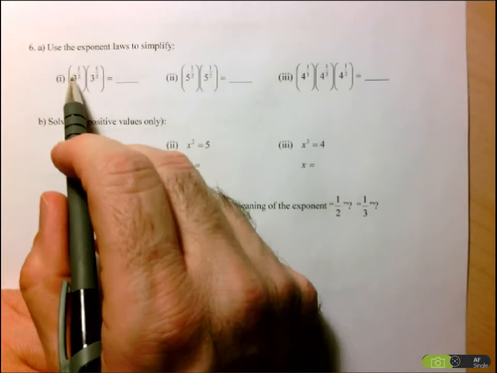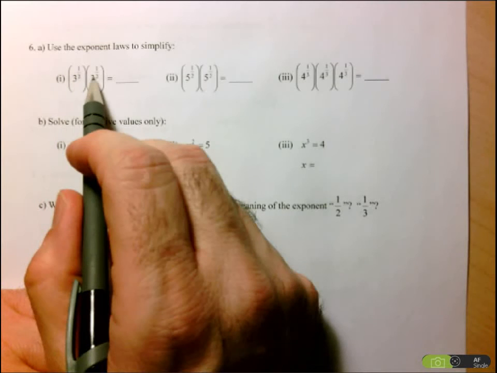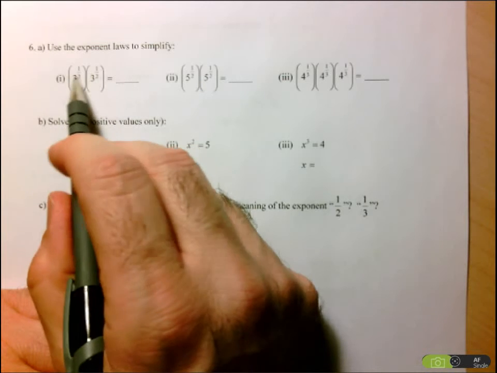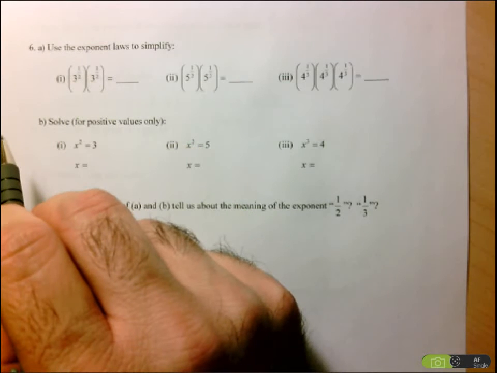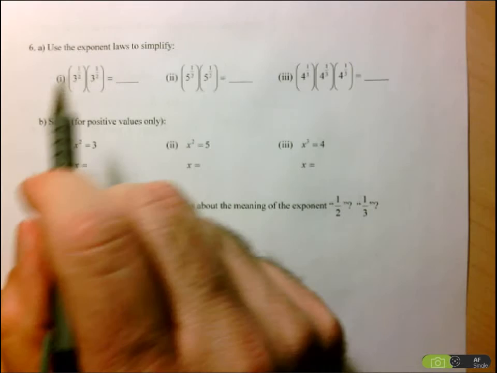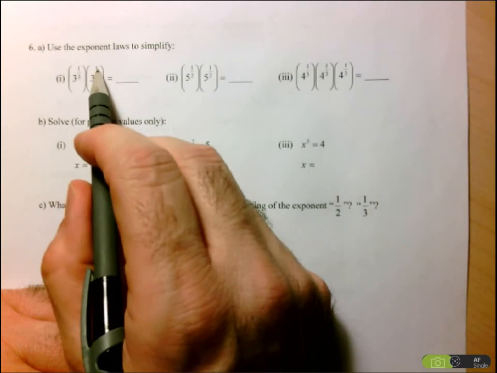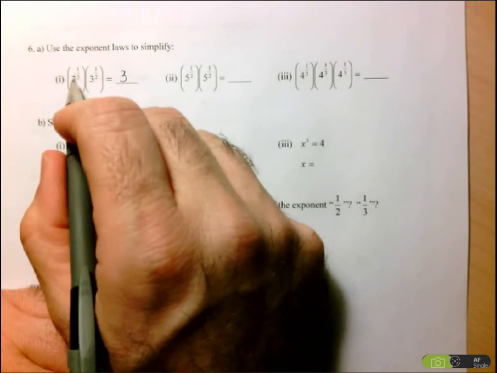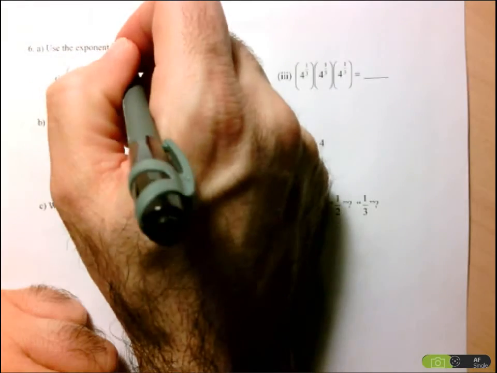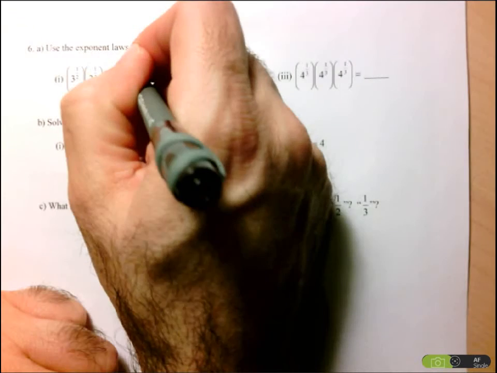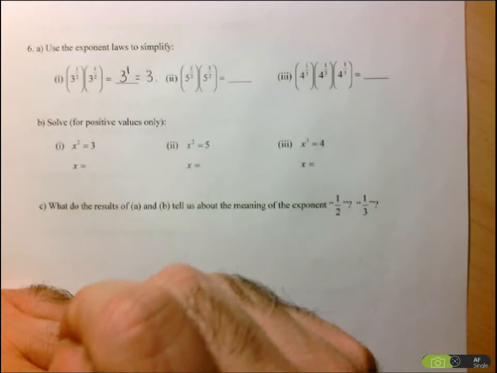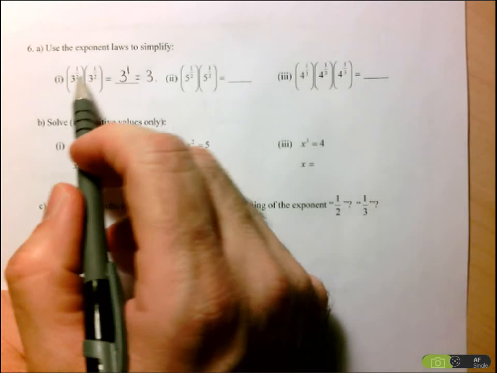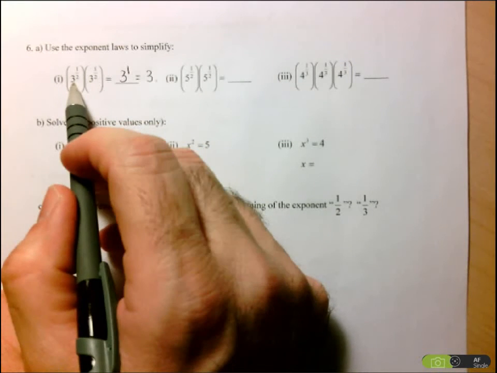If I take 3 to the 1/2 and multiply it by itself, that satisfies the product law of exponents, so I can add the exponents and keep the base the same. So 3 to the 1/2 times 3 to the 1/2 must equal 3 to the exponent 1, or just 3.